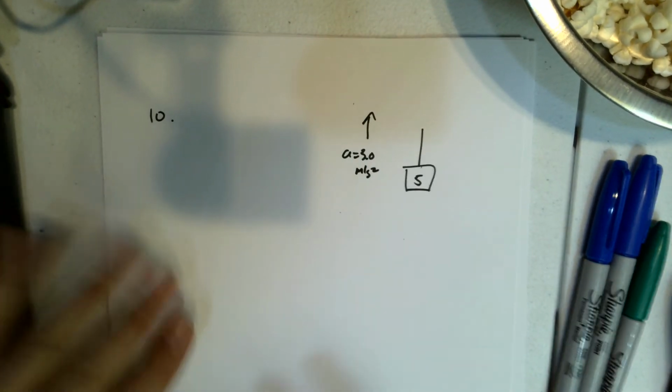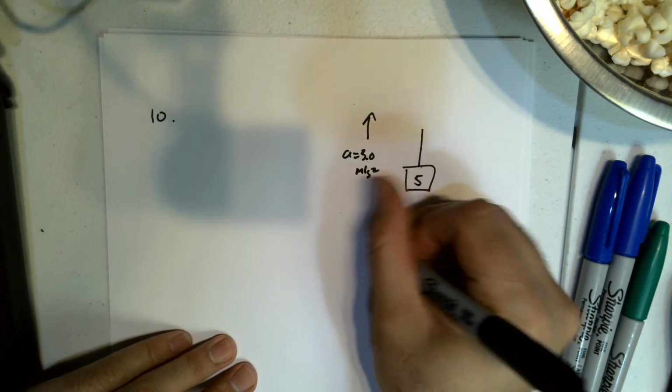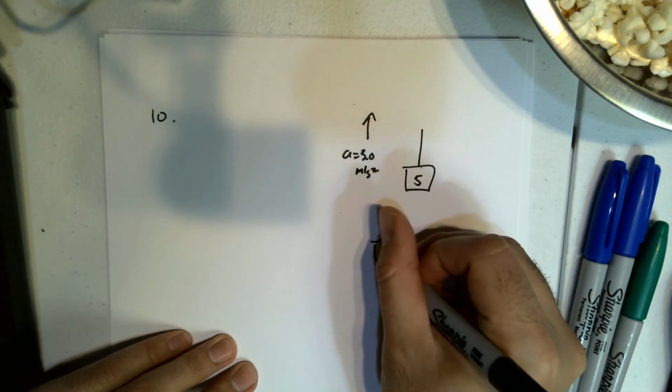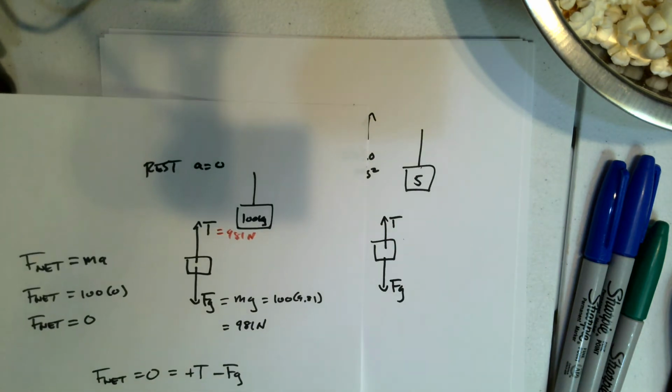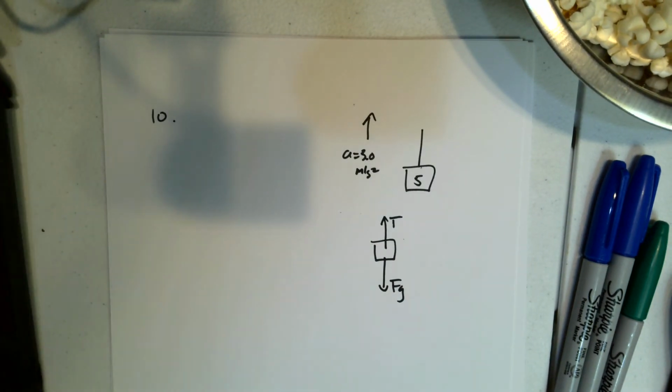So it's a little bit different. Now what is still the same is that there's tension acting up and there's gravity acting down. So if you look at these two diagrams, they look indistinguishable from each other right now. But this happens to be accelerating.